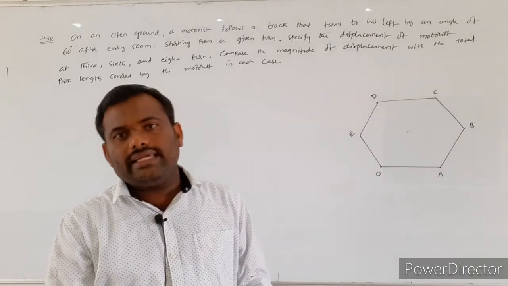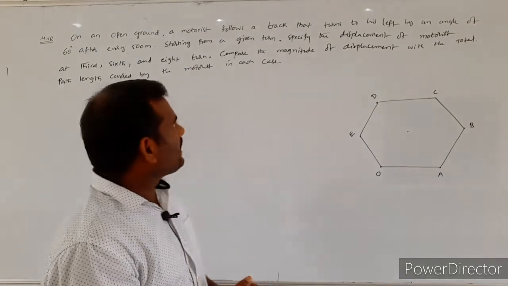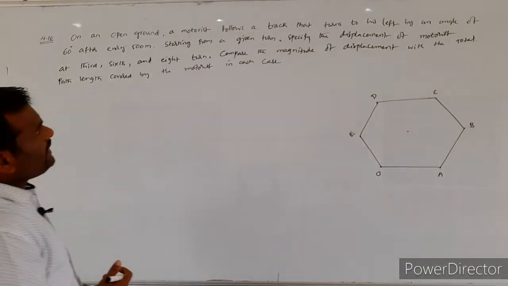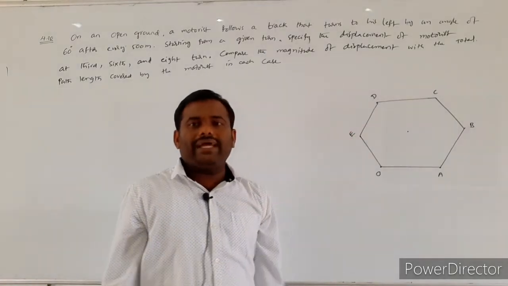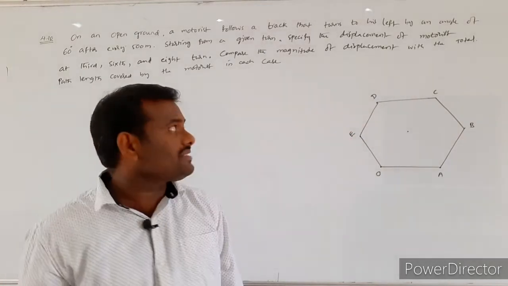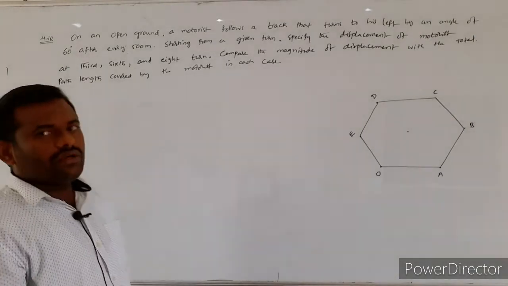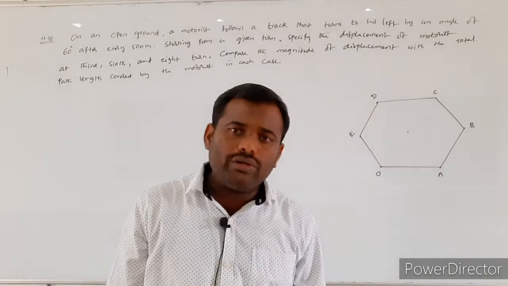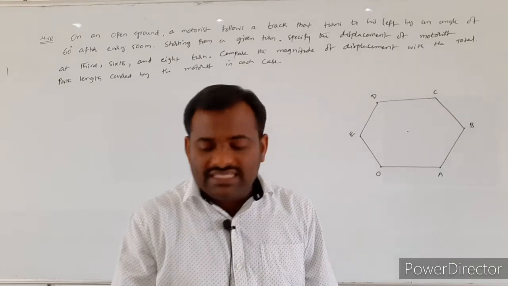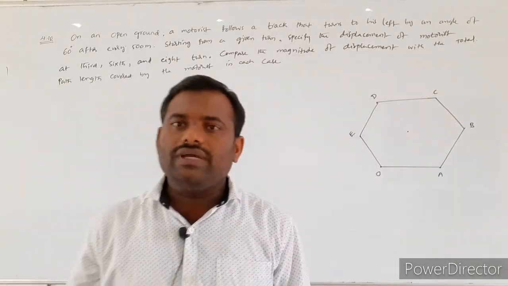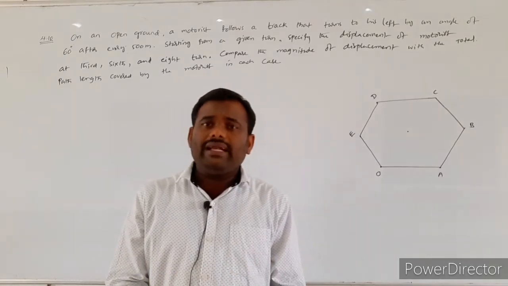And they are also asking us to compare the magnitude of displacement with the total path length covered by the motorist in each of the cases. So that is the given question. From this, what we have to understand: already I told, a motorist will be traveling on the ground.